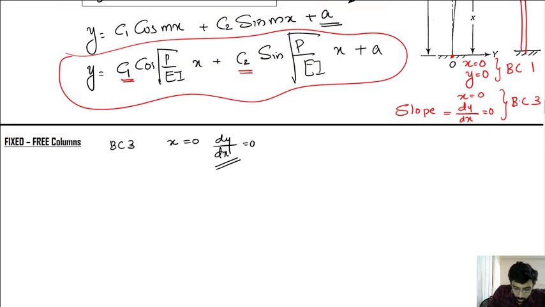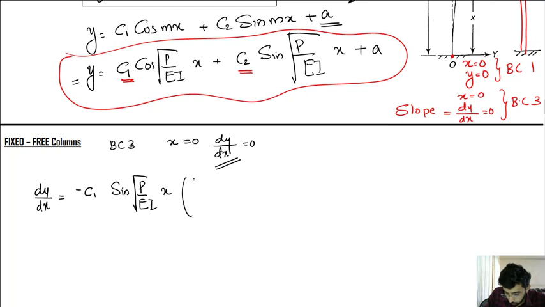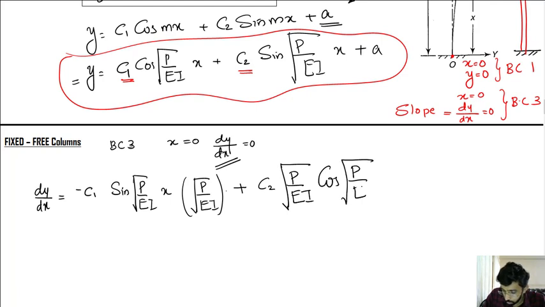So if you differentiate this expression, we get dy by dx is equal to c1, differential of cos is minus sine root of p by ei into x, and this term will come out again, so root of p by ei, plus c2 into p by ei into cos root of p by ei into x. The differential of a is going to be 0.